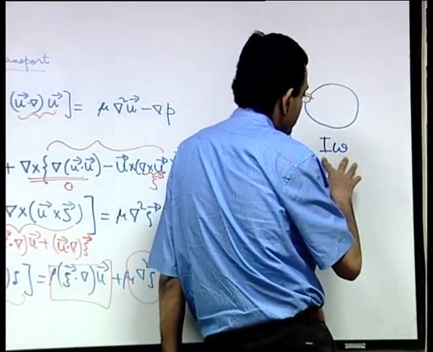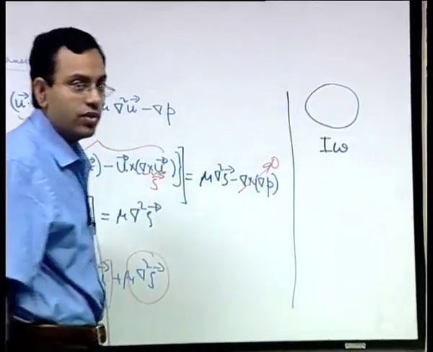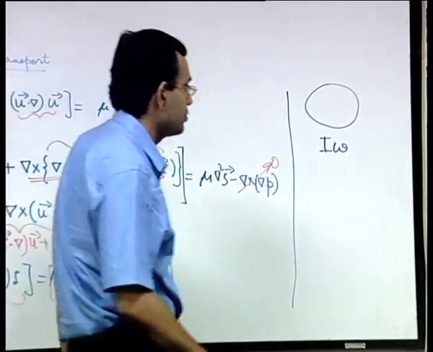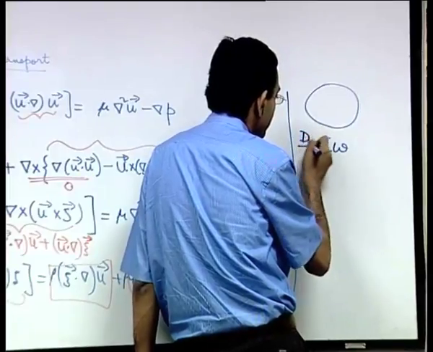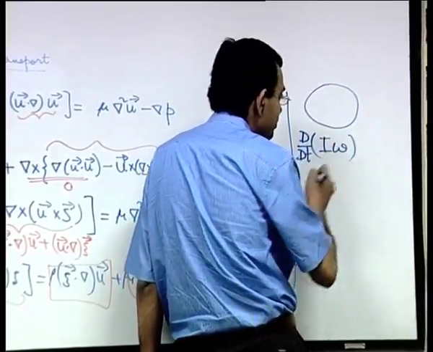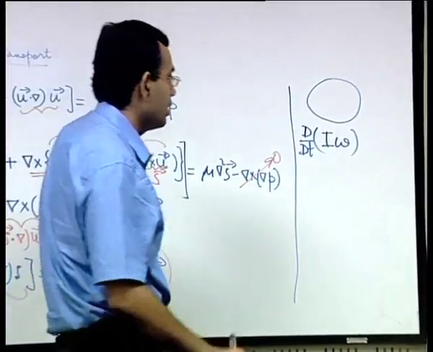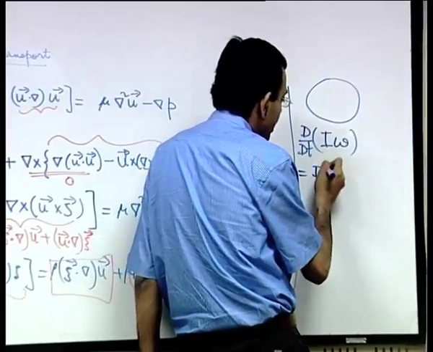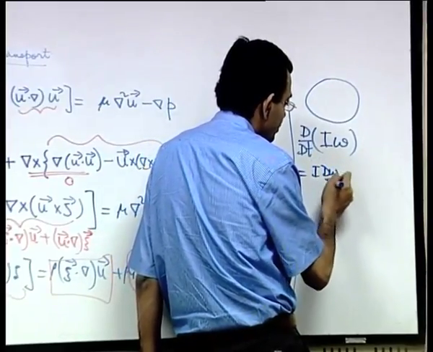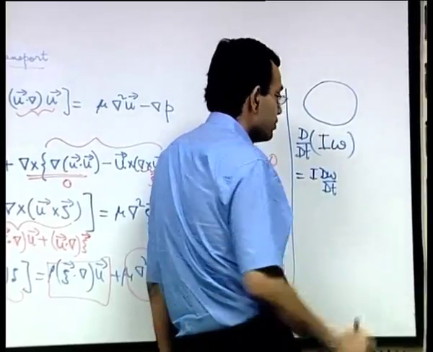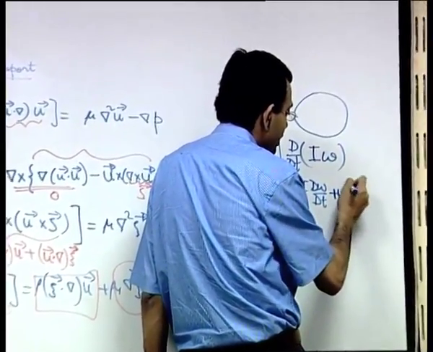Now if you consider d dt of I omega, this is what? It is I d omega dt plus omega dI dt.